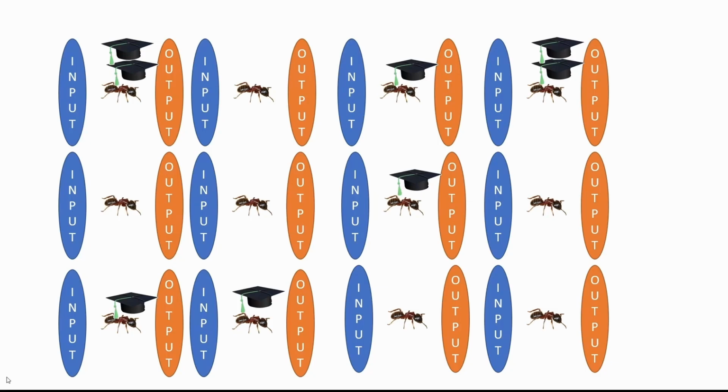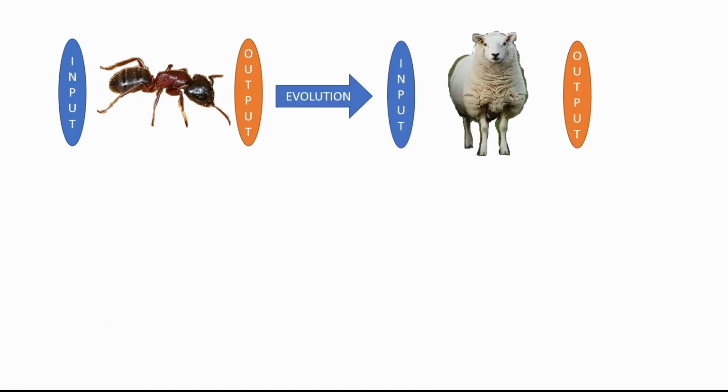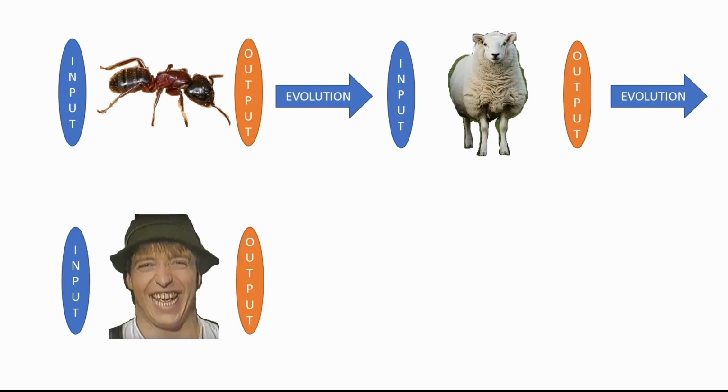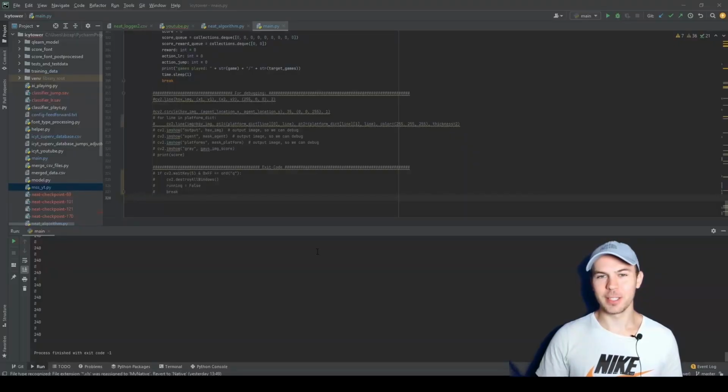Until finally the ants don't have too much in common anymore with ants, and they evolved much more to maybe, let's say, something like a sheep or something much more intelligent. And if we keep training and we are lucky, the sheep maybe evolved to something which is almost as smart as a human. And if we keep training and we write a great program, maybe we even get to a superhuman level.